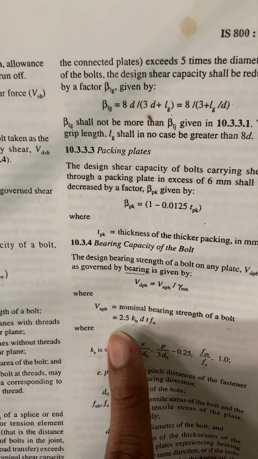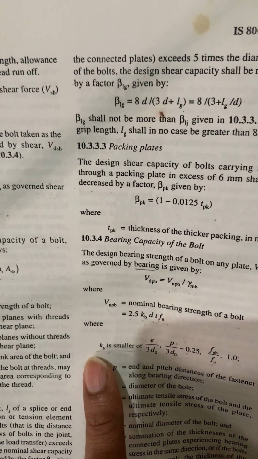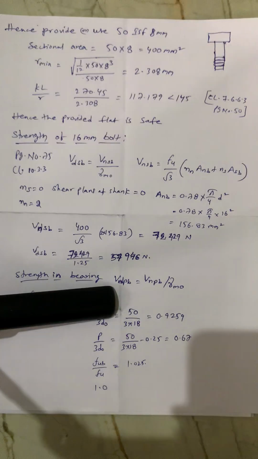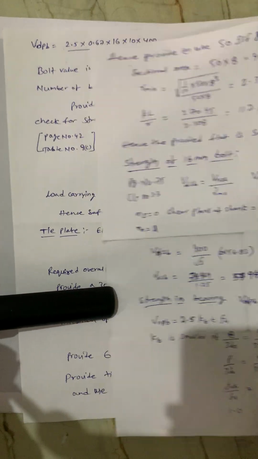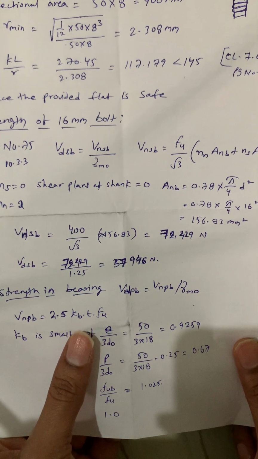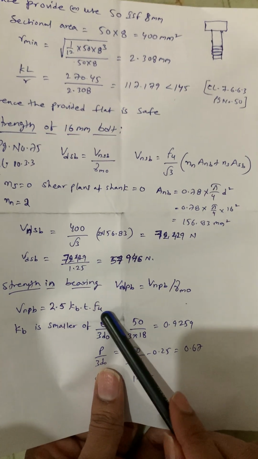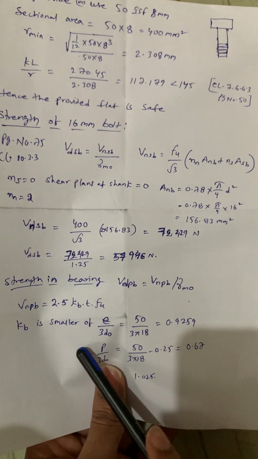VNPB equal to 2.5 into KB into d into t into fu. KB is nothing but the smaller of all these values. The same thing I have solved here. See, VNPB equal to 2.5 KB into d into t into fu. We know the t value and the fu value, but we don't know the KB value. We have to find the KB.